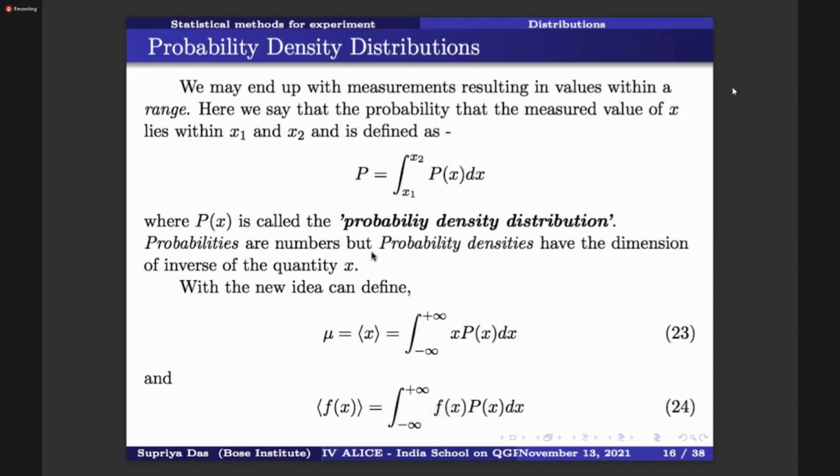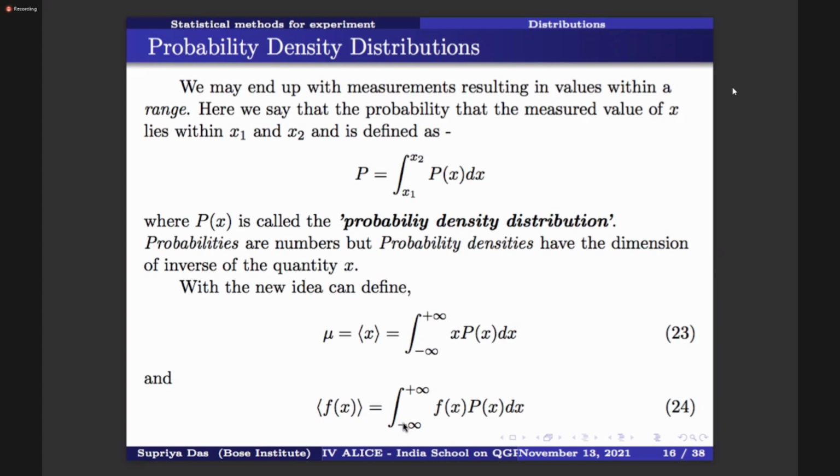Okay. With this new idea of the probability density distribution, we can now define again the central tendencies like the mean, mu, equal to the expectation value. You can say the expectation value for data samples.